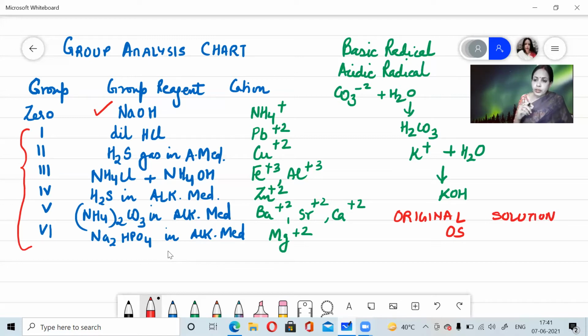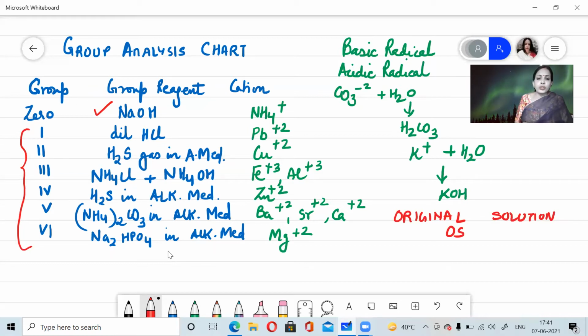The precautionary part is that the solution should not be concentrated. It should be strictly acidic in nature. So here we use either dilute HCl or dilute acetic acid or dilute HNO3, but we don't use dilute H2SO4. Conc acids, I have already told you just now that we don't use in preparing the original solution.